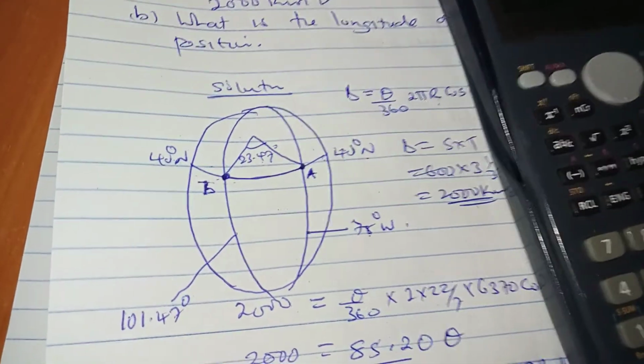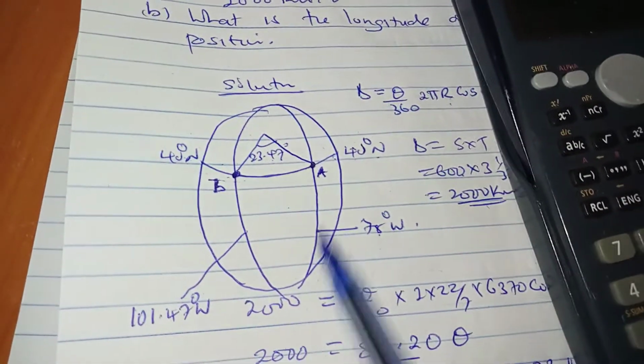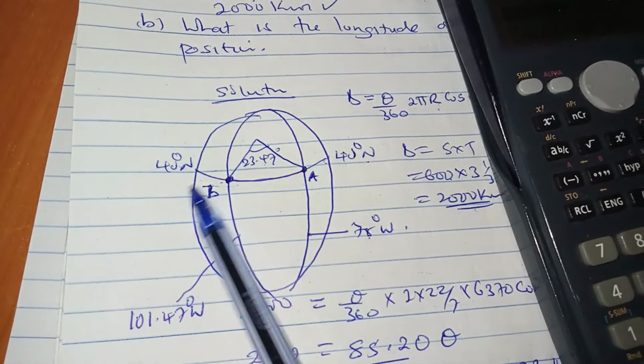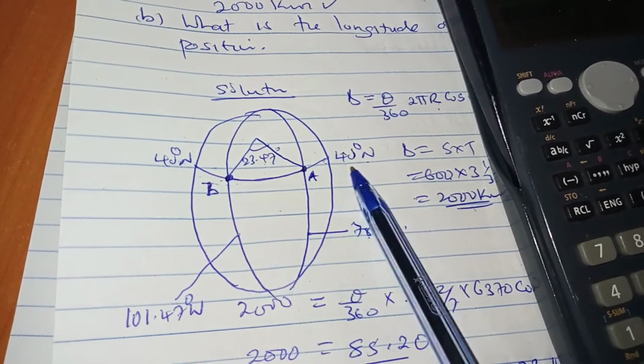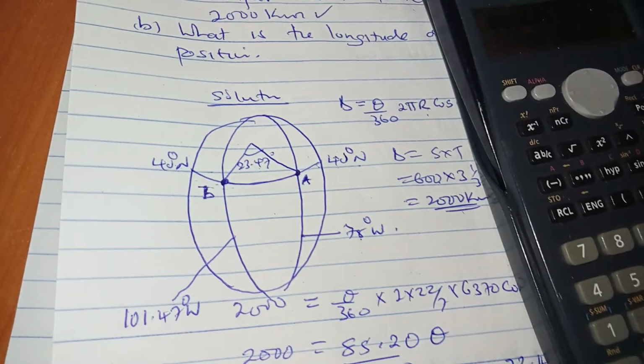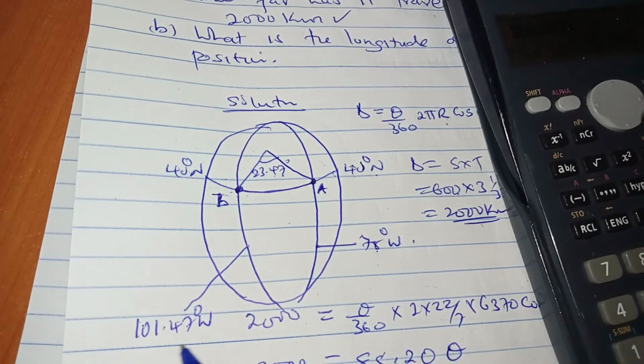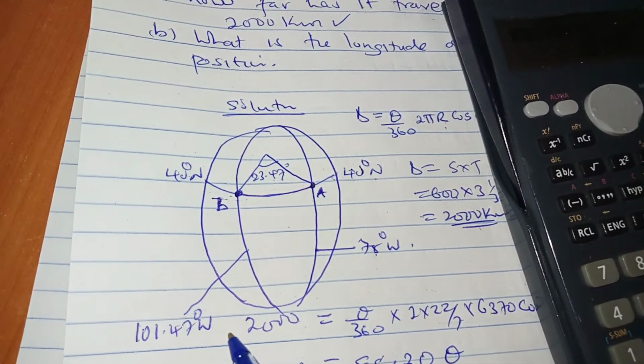The question is, is it west or east? The answer is west, because we've not crossed to the east side. You're only on this side of west, and because we only moved 23.47 degrees, we did not exceed 180, so that is just 101.47 degrees west, and that happens to be our answer here.